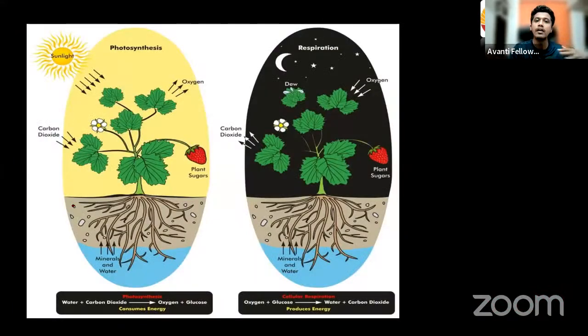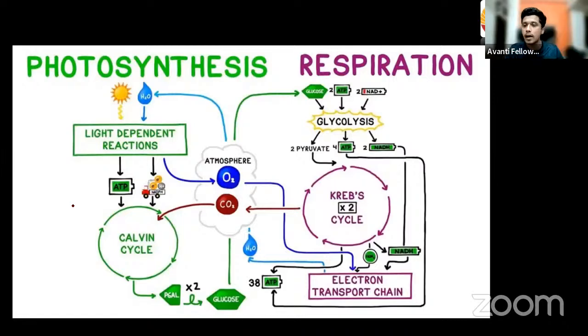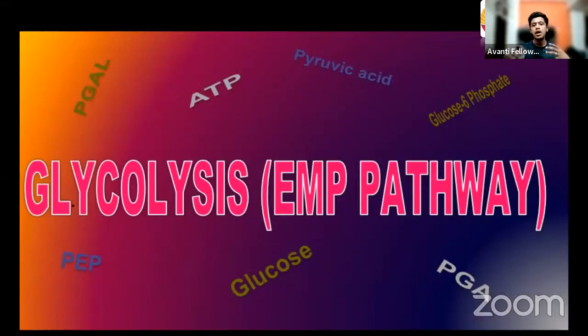So based on the differences with respect to the requirement of oxygen, one of the important reactions that we have as a catabolic process of glucose is called glycolysis. Glycolysis is a pathway that operates whenever there are low oxygen levels.